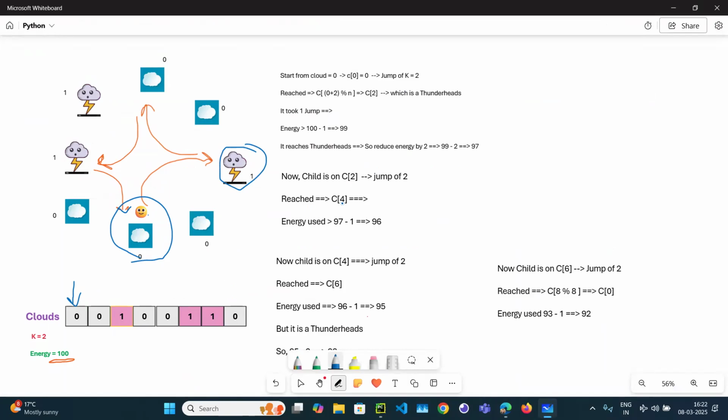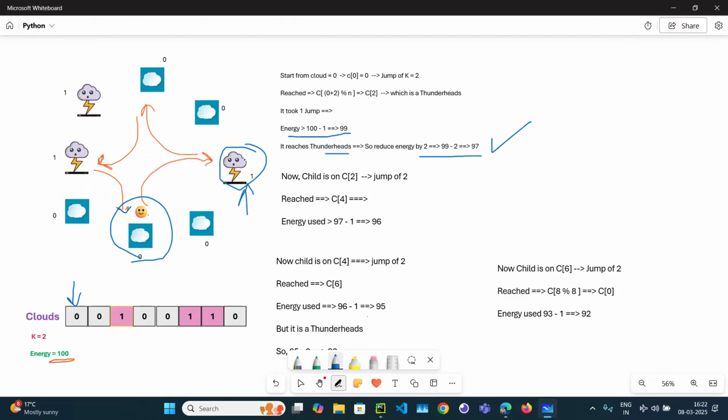It takes one jump, right? So the energy will be 100 minus 1, 99. Then we check whether the position the character reached is a thunderhead. Yes, it is a thunderhead. If it is a thunderhead, then we reduce an additional 2 units. So now the energy is 97, right?